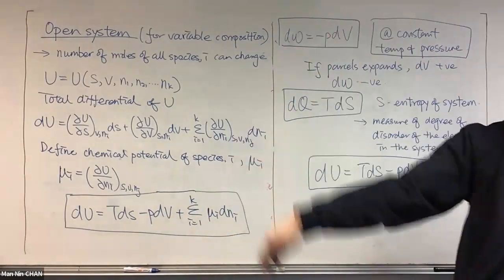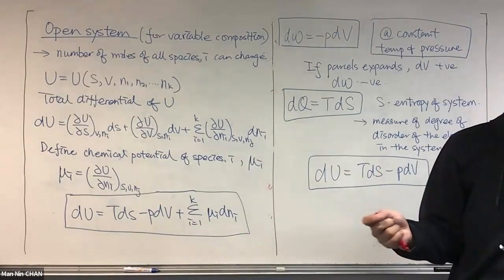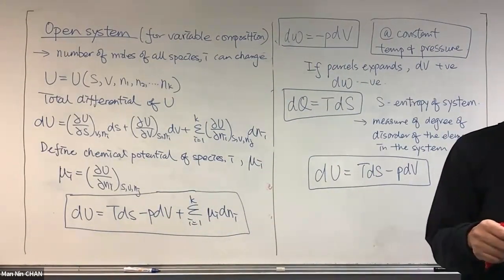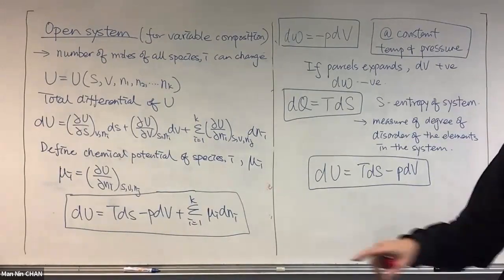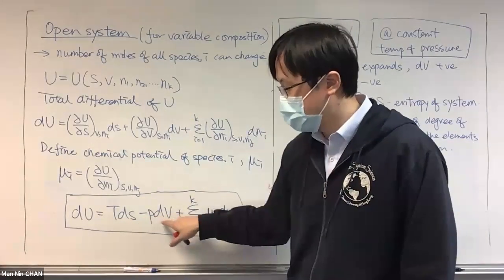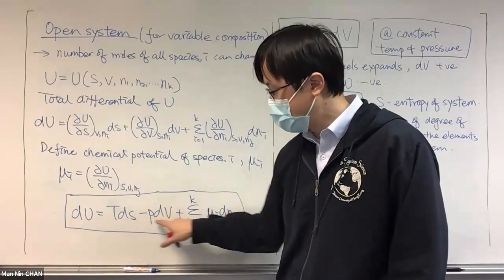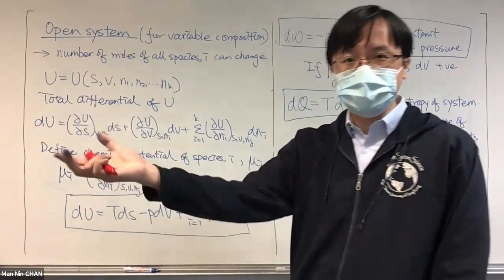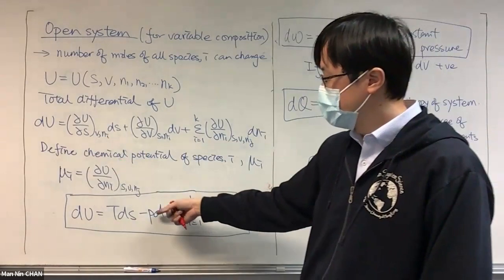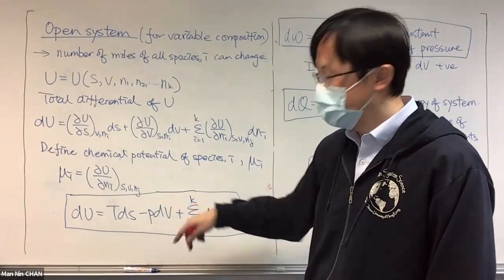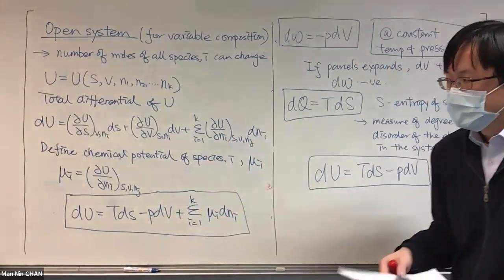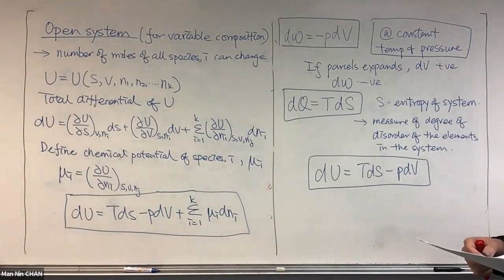If you consider an aerosol or air parcel, these are parameters that are not very easy to measure. It's difficult to measure these two parameters: the entropy of your air parcel or aerosol, or the change in the volume of your air parcel or your system.